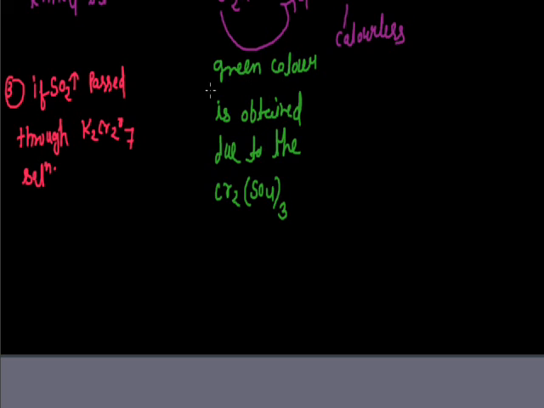CO2 gas does not react with potassium dichromate. In the case of carbonate, the CO2 gas does not react with potassium dichromate, but SO2 gas does react with potassium dichromate and gives a green solution due to the formation of green chromic sulfate. So we can say in that case, sulfite is confirmed.